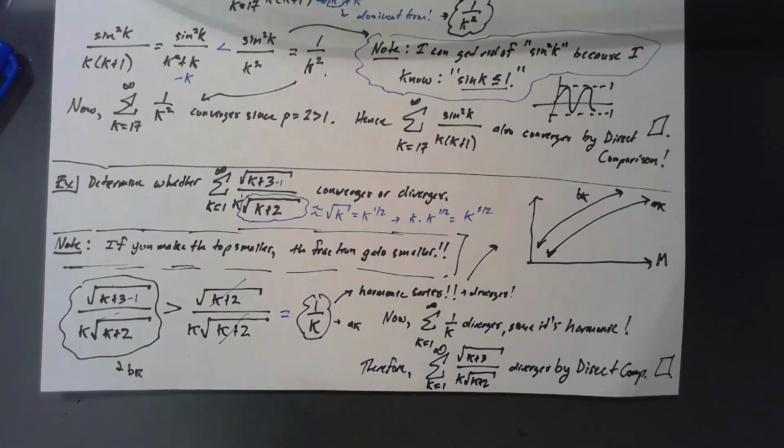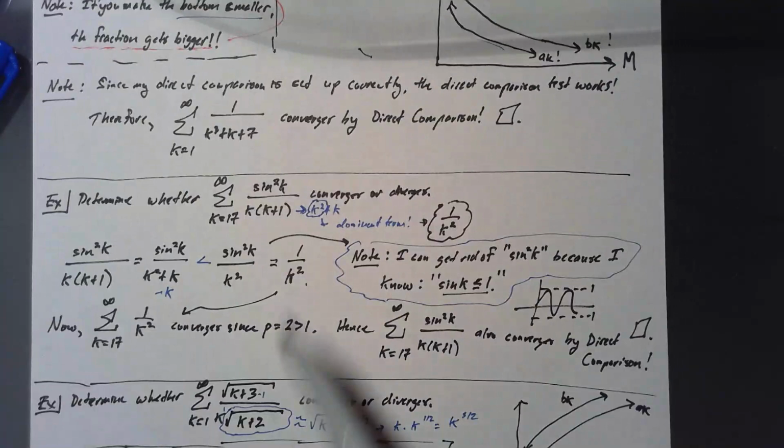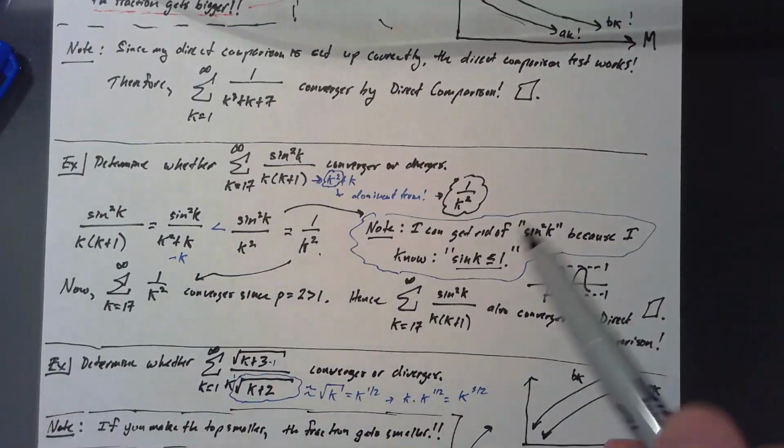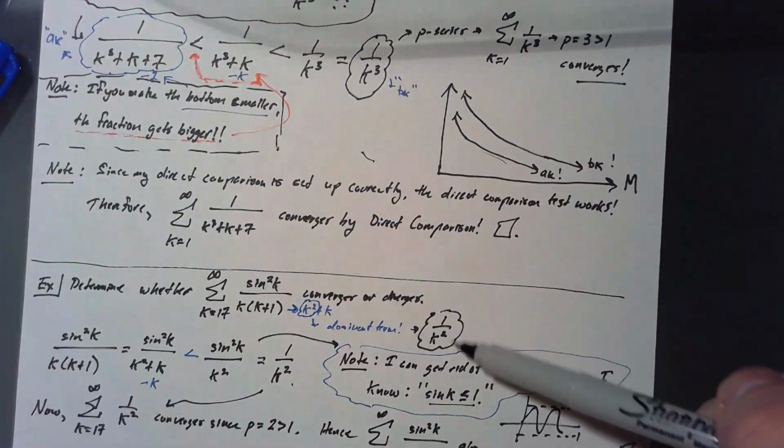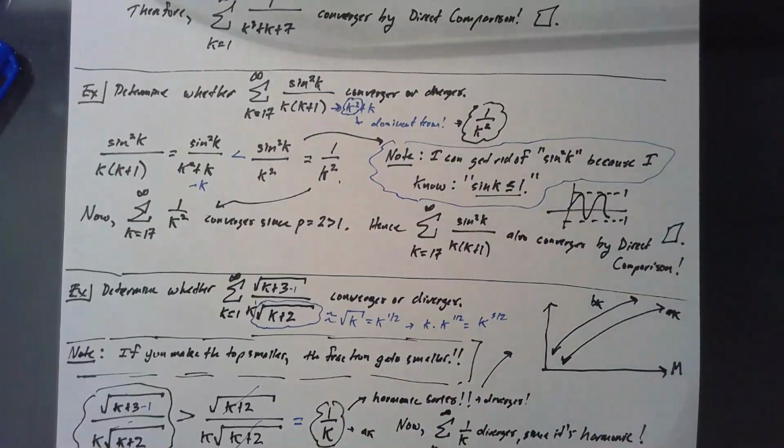Whenever you're doing direct comparison, you're comparing a given series to a known series. And I usually say the known series is going to be a p-series, or in this case, a harmonic series.